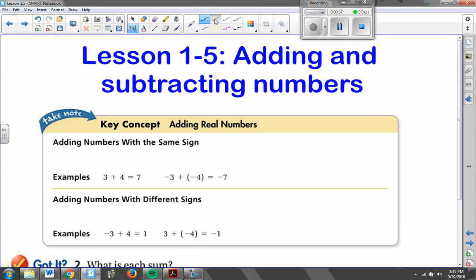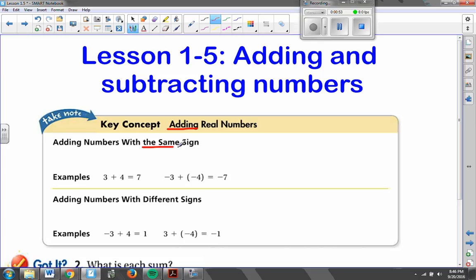So a good portion of your practice problems for tomorrow are going to be about adding two numbers together, and they could be positive or negative. So a couple rules real quick for adding numbers.